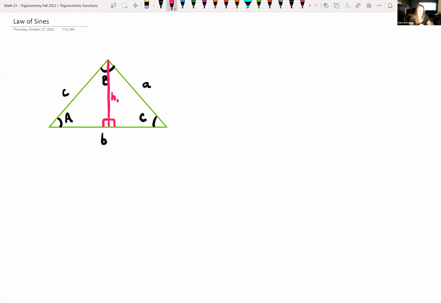If I use my opposite side, which is the height, for angle A, and my side c is going to be my hypotenuse. So opposite and hypotenuse tells me I'm going to use sine. So we have sine of angle A equal to the opposite, which is h1, all over the hypotenuse, which is c.